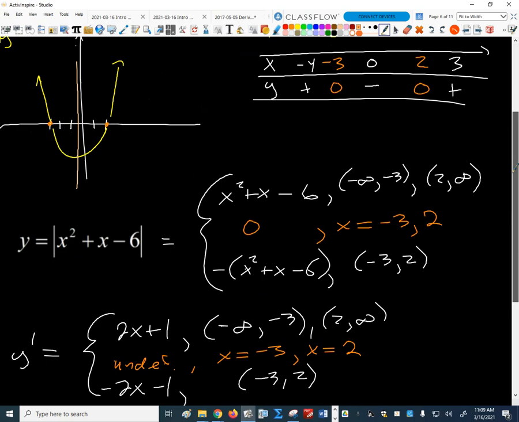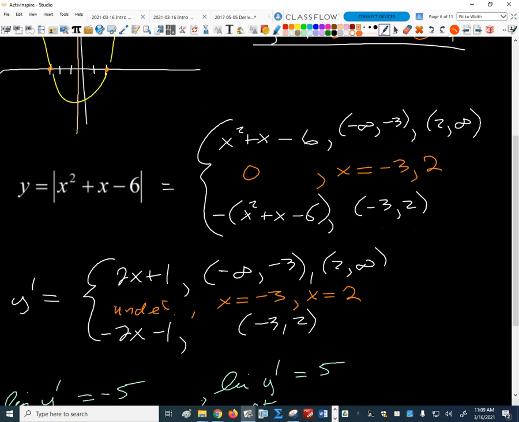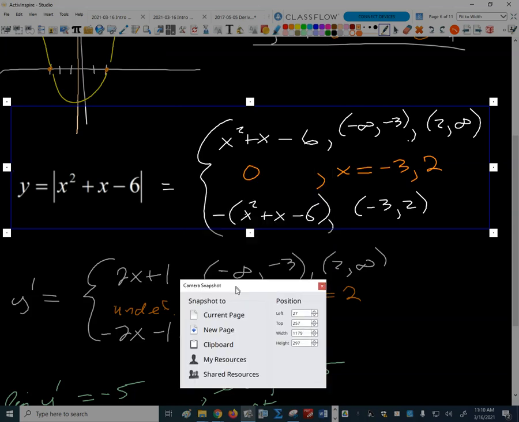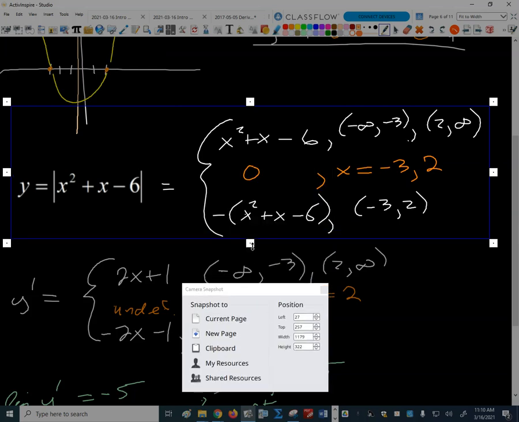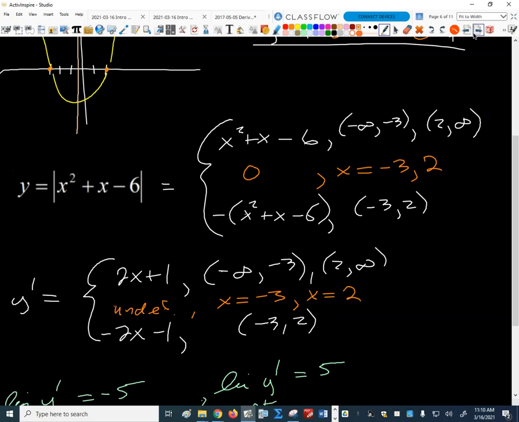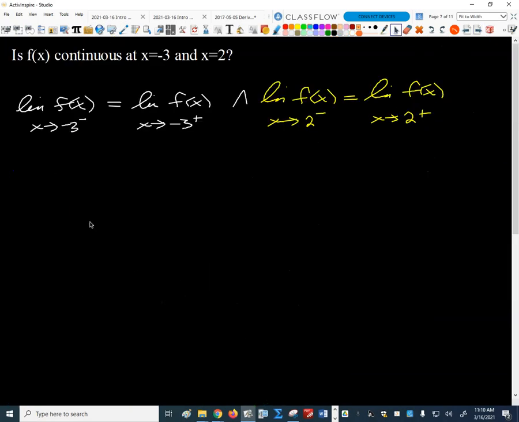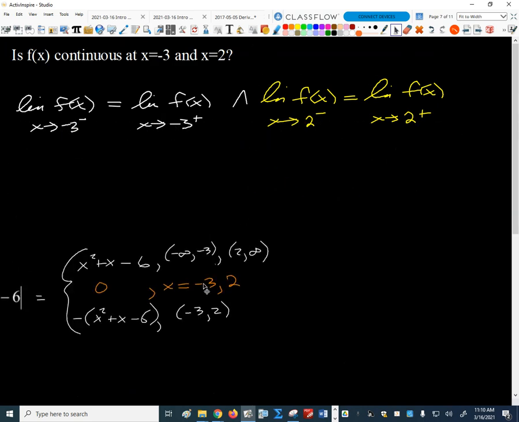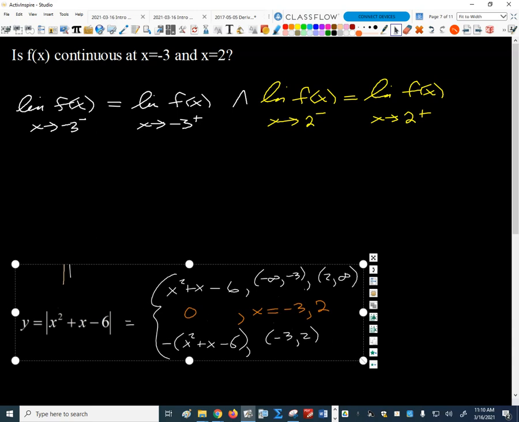So here's our function written as a piecewise function, right? Okay, so there's our function.